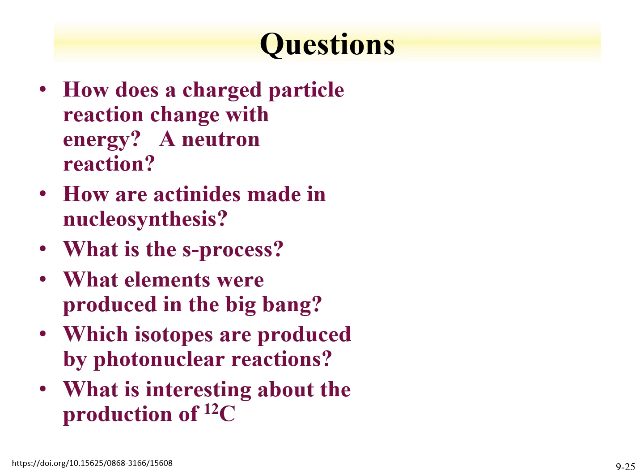We also discuss other aspects of nucleosynthesis, such as which elements were produced in the Big Bang, the lightest three, primarily being hydrogen. What isotopes are produced by photonuclear reactions? That's a question that basically asks, what's your target?